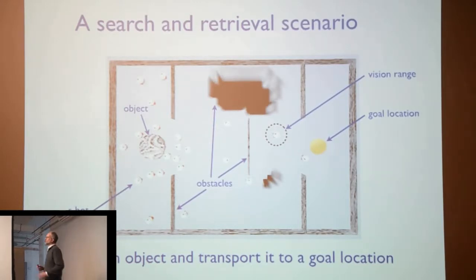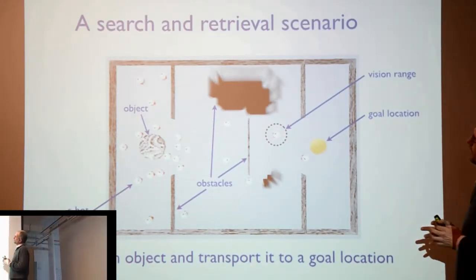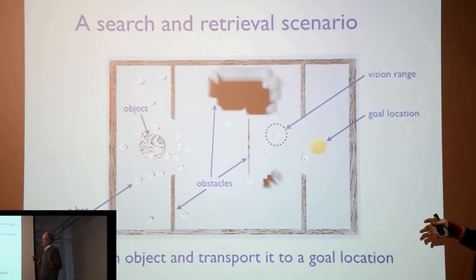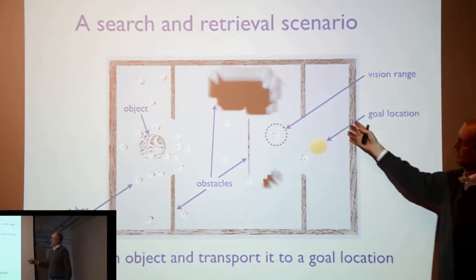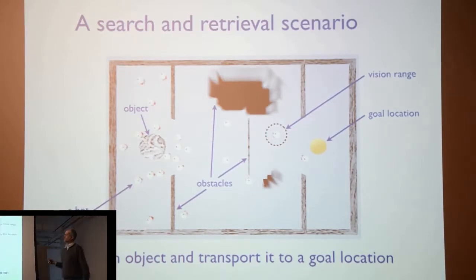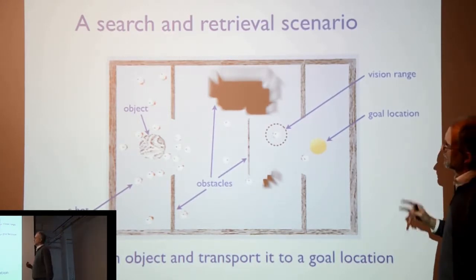So what we did was to study a search and retrieval scenario in which a swarm of robots has to cooperate to search for an object and to transport the object to a goal location. And this is the typical arena that we have given as a scenario to let all these people work together and the robots work together also.